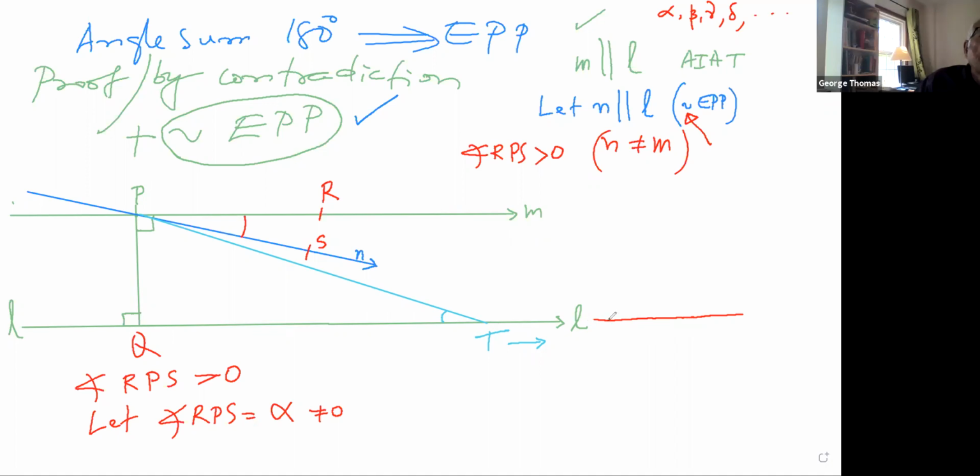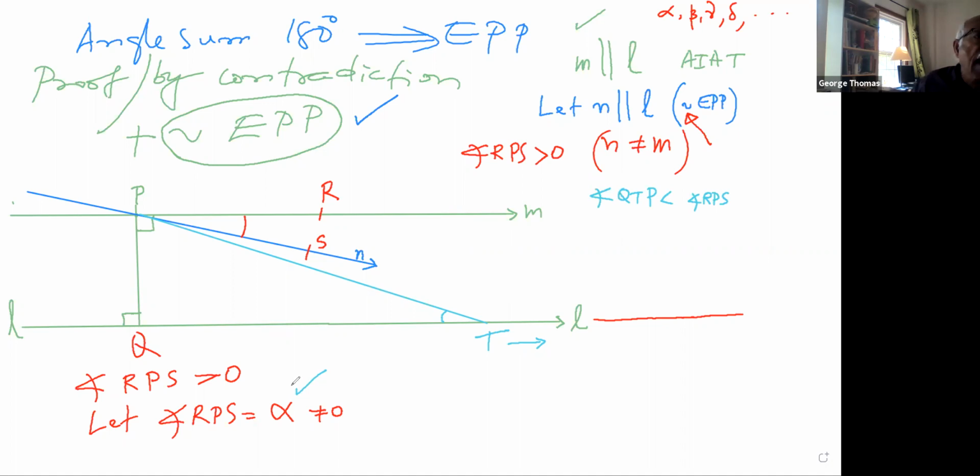So by moving far enough, I will be able to make angle QTP less than angle RPS. RPS is fixed. It's alpha.